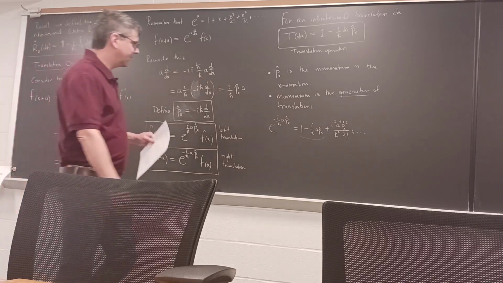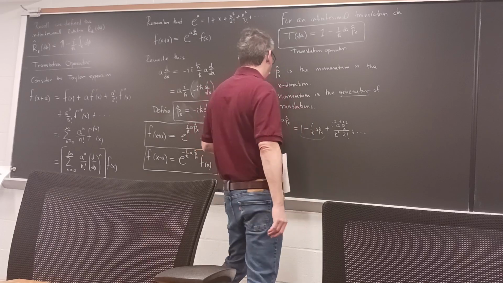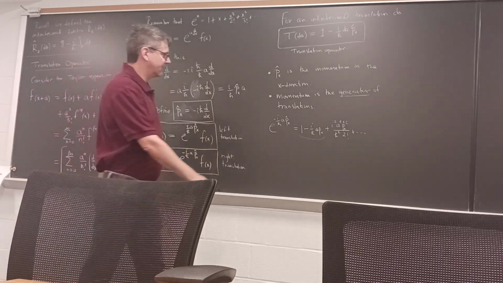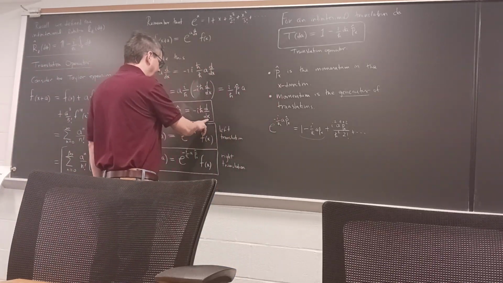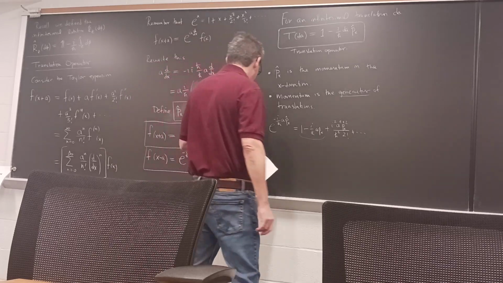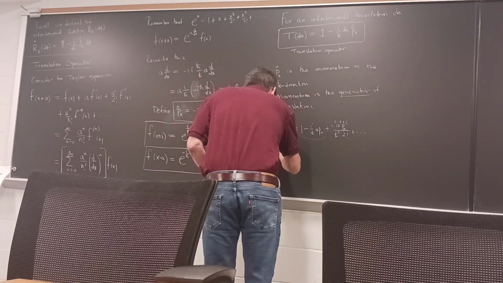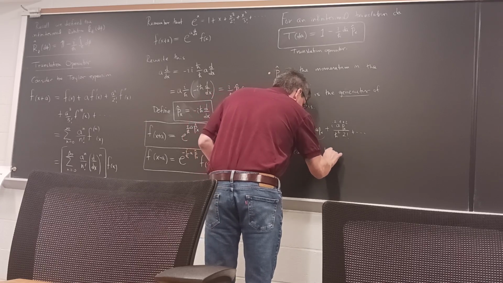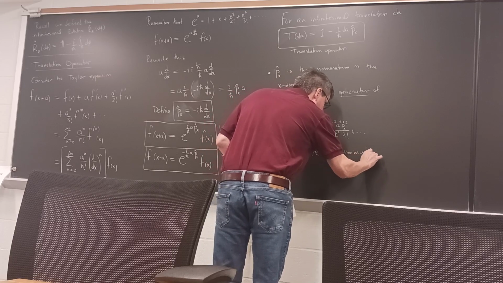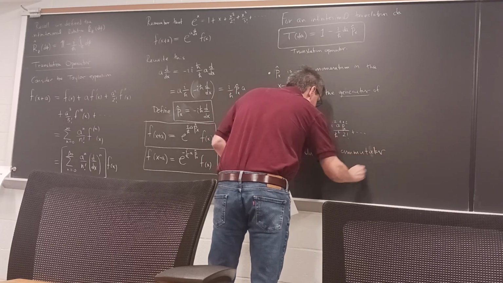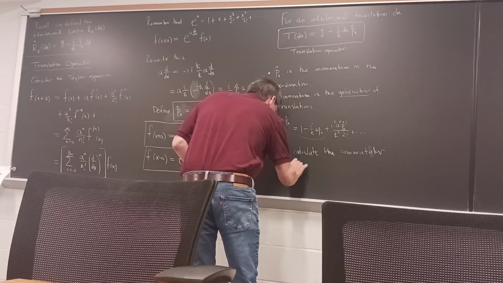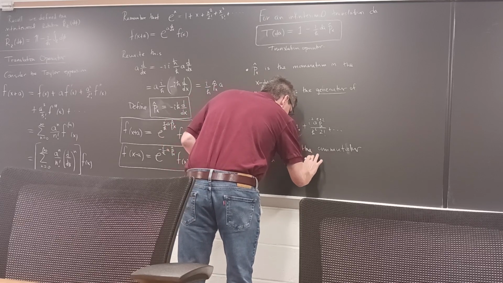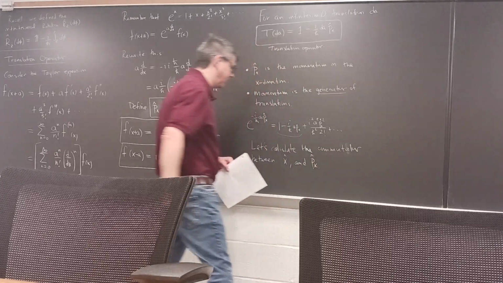Okay, so now let's look at, so we have a new operator. We have an operator p x, and it's the derivative with respect to x. So let's calculate now the commutator between x hat and p x hat.